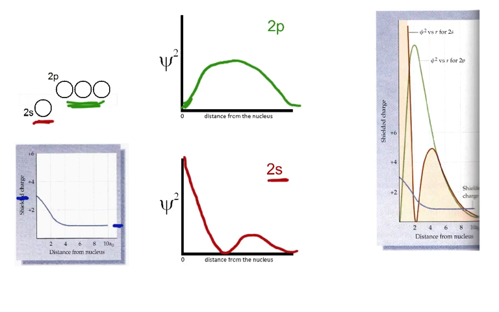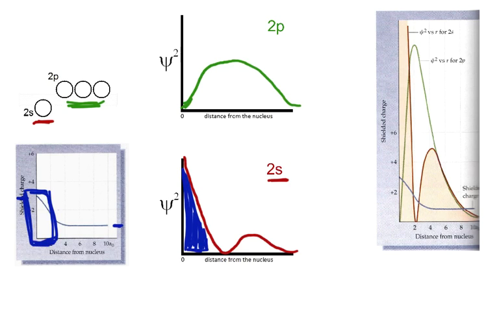Now, putting these ideas together, over here is a good chance of finding the electron, and a good chance of feeling a positive charge greater than 1, so you feel a +2 or +3 effective nuclear charge. So for a 2s orbital, electrons that get to spend their time close to the nucleus feel more than a +1 charge quite a bit of the time.